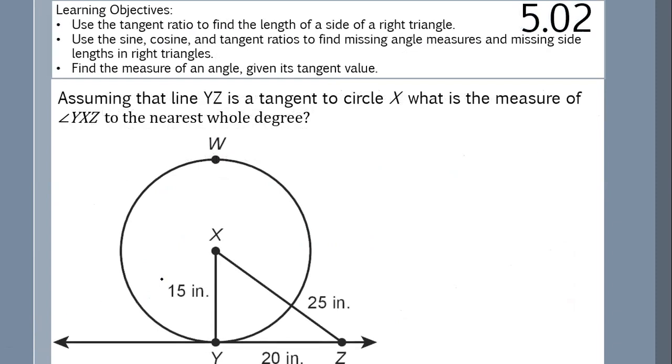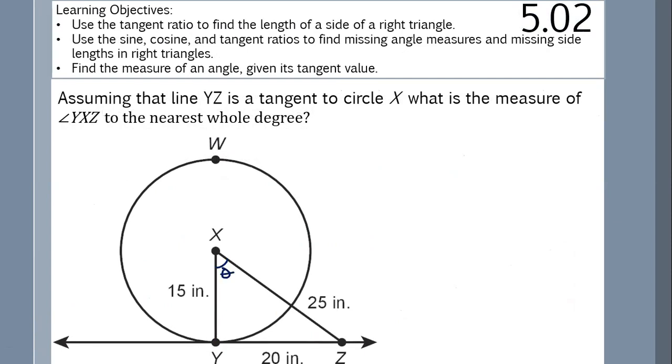All right, so assuming line YZ is tangent to the circle X, what is the measure of angle YXZ to the nearest whole degree? So YXZ, this guy here. I'm going to call this guy theta.